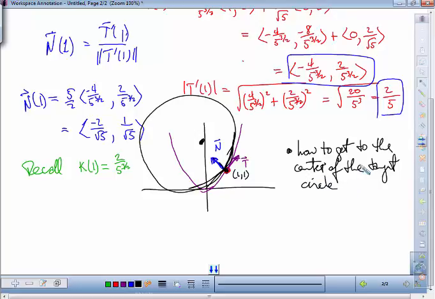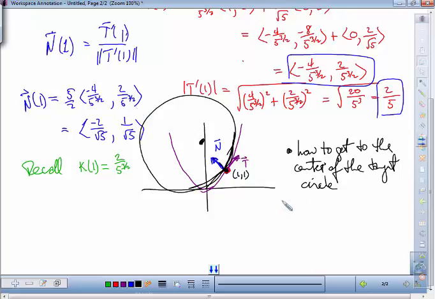Remember, the radius is the reciprocal of the curvature. So if we multiply the reciprocal of the curvature by the normal vector, that's going to extend our normal vector. And then we just have to start with 1, 1 and add that thing that we just found. And then that's going to get us to that point.